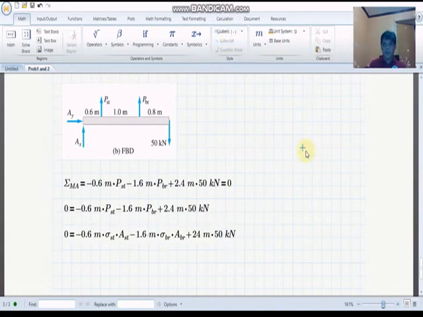So we have now the first equation. So further, we need to combine this one.